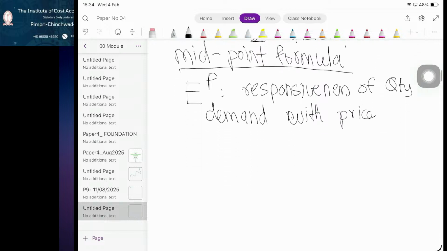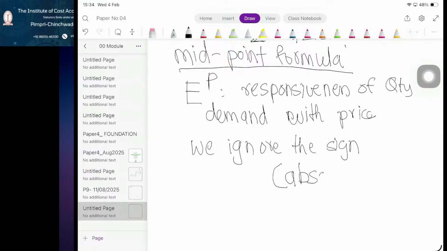And generally we ignore the sign, that is, we write only the absolute value. When we ignore the sign, what we are doing is we are writing the absolute value. That's a mathematical function.